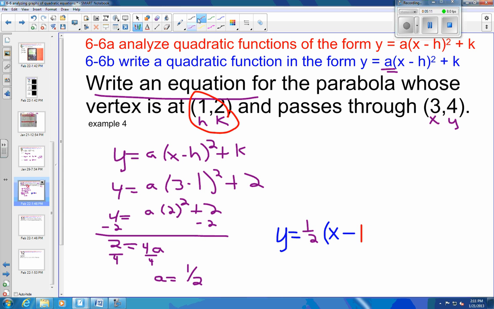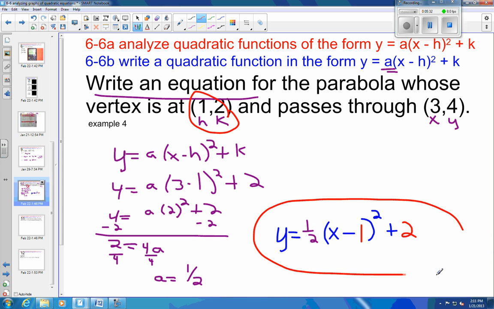Put our 1 in there. And this is still part of our formula. And then k is 2, so plus 2. So we filled in a, h, and k, and we left everything else the way it is in our formula. And that is your equation of the parabola that goes through those 2 points.